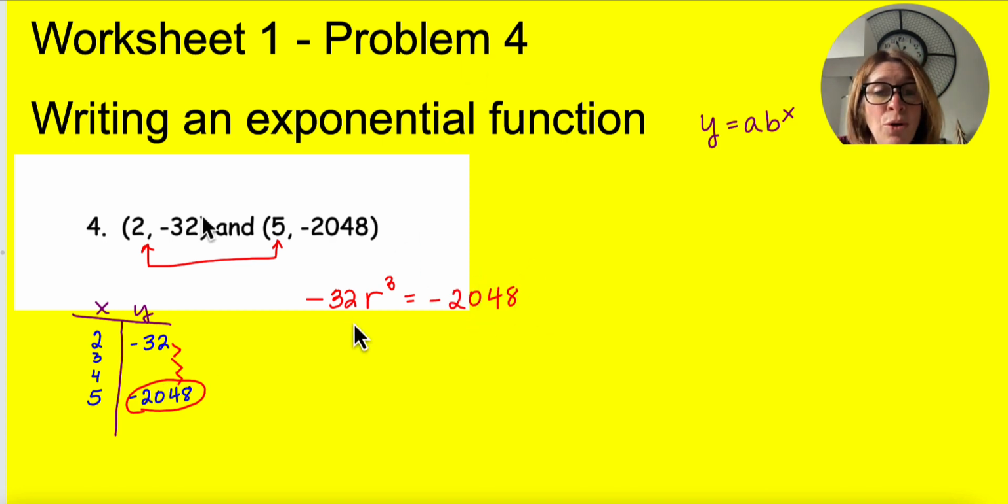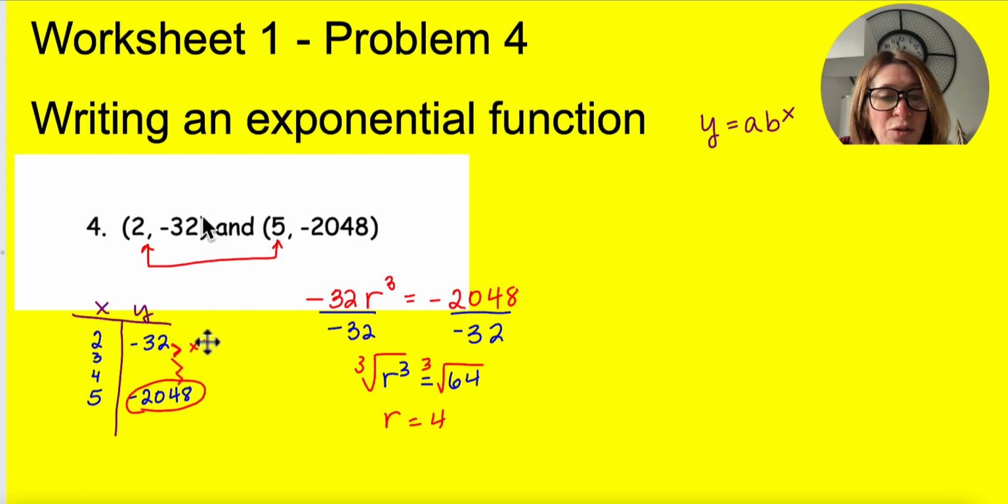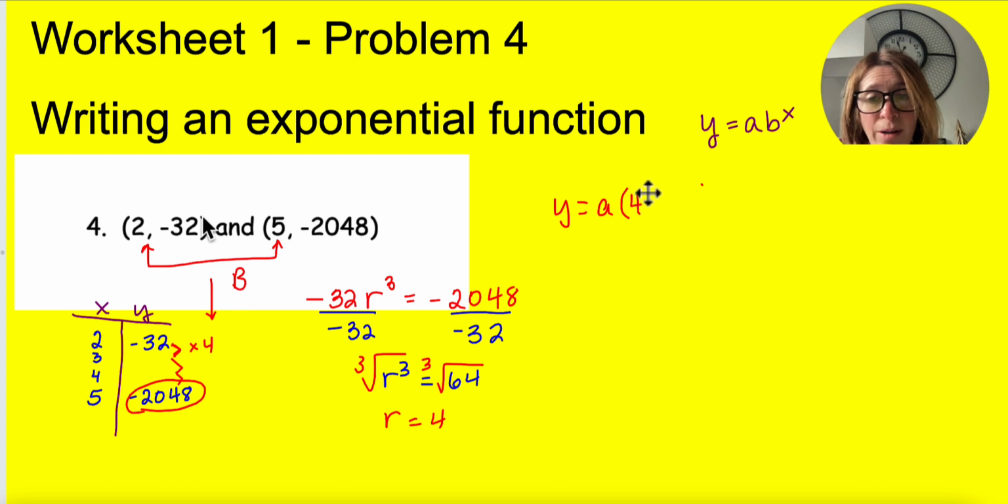Okay, and so we divide by negative 32. We get r cubed equals 64. We take the cube root of both sides, and that tells me that my r was 4. So my ratio, my multiplier, was 4 every time, and we know that to be the b in the function. So now I have a function y equals a times 4 to the x.